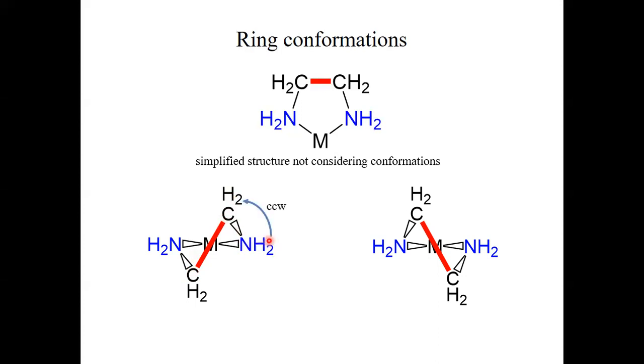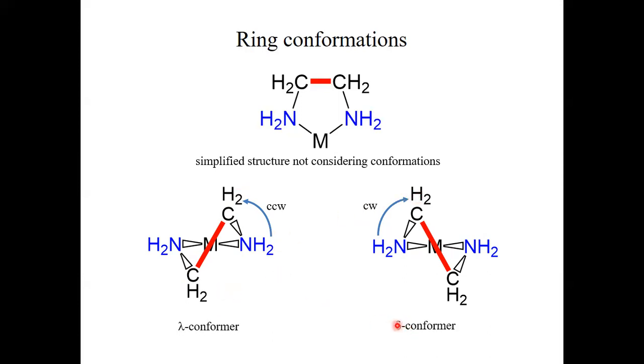Okay, so now in this case, you see you need to do it counterclockwise. Okay, so this makes this delta, right? Whereas here, you need to do this clockwise. So therefore, this is the respective lambda conformer.